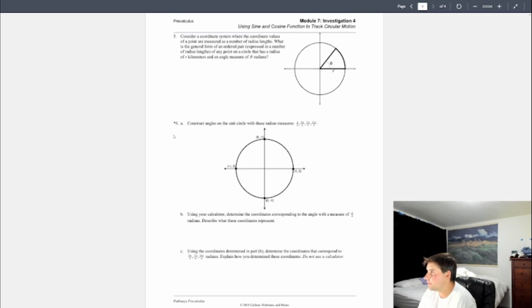What is the general form of an ordered pair? Any point radius r. I don't think you have to write r. You can just do, yeah, the x is just cosine of theta, comma, sine of theta.